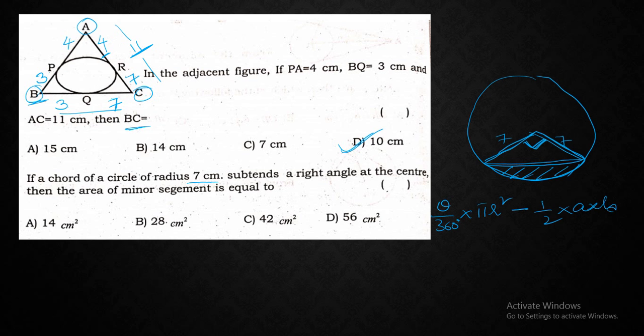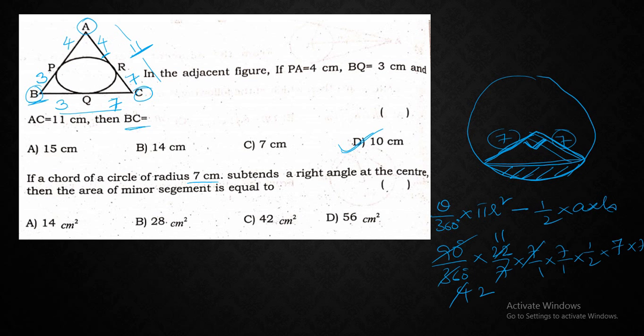Now when I substitute the values, theta is 90 degrees, so 90 by 360 into 22 by 7 into the radius, which is already given as 7, so 7 by 1 into 7 by 1, minus 1 by 2 into, since this is a right angle triangle, these two are the legs, so directly I can write 7 into 7.